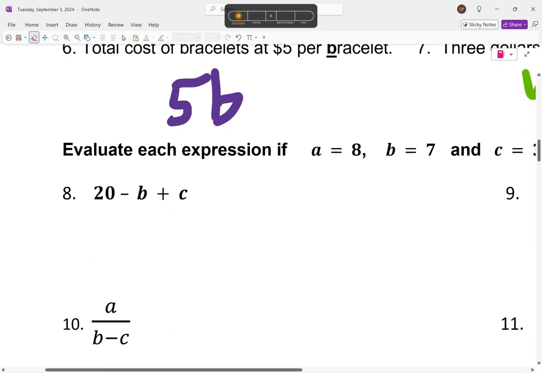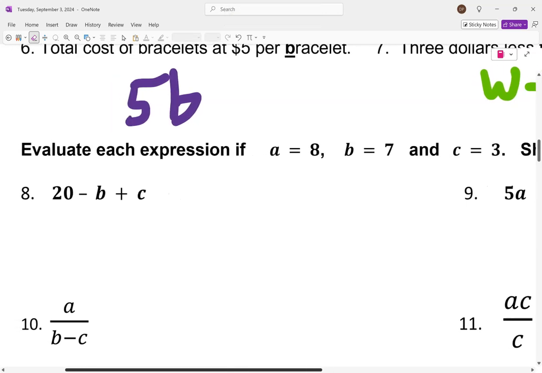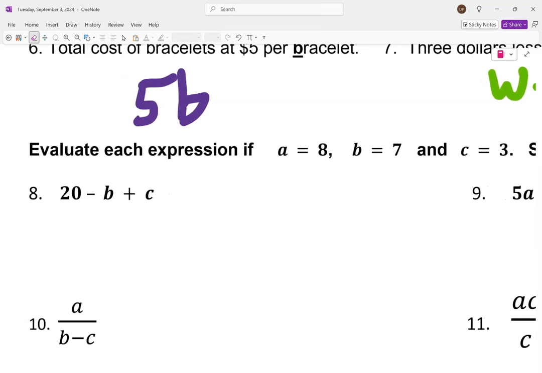All right, go ahead. Okay, so because it says up there that C equals 3 and B equals 7, that equals 10. And then we are going to write out our work. So our first step, you have to use parentheses. Remember that?